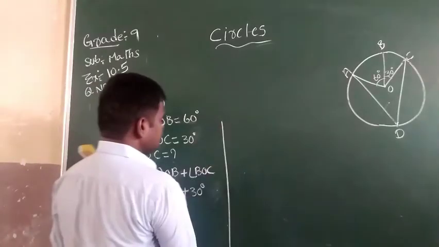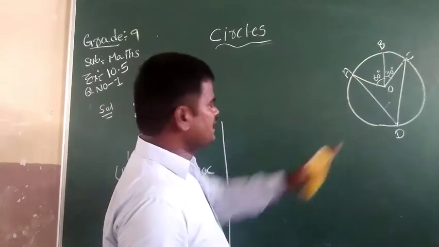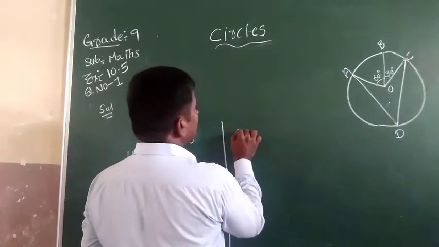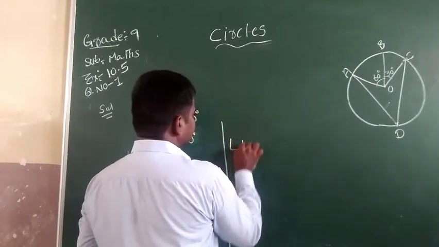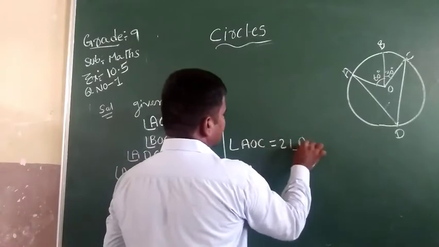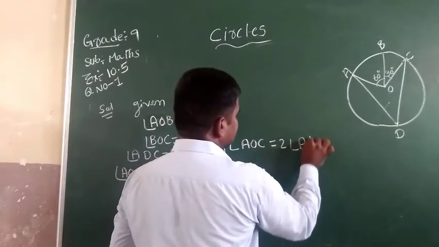So according to theorem 10.8, angle AOC equals 2 times angle ADC.